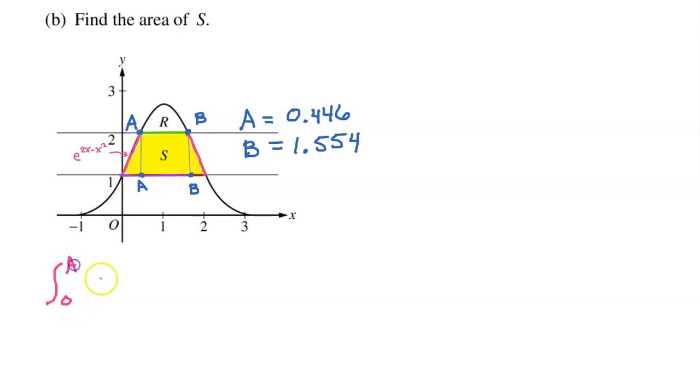And we're doing top function minus bottom function. So the exponential function, e to the 2x minus x squared, is the top function, and then minus the bottom function, which is y equals 1. And now the middle function, I'm integrating from a to b.